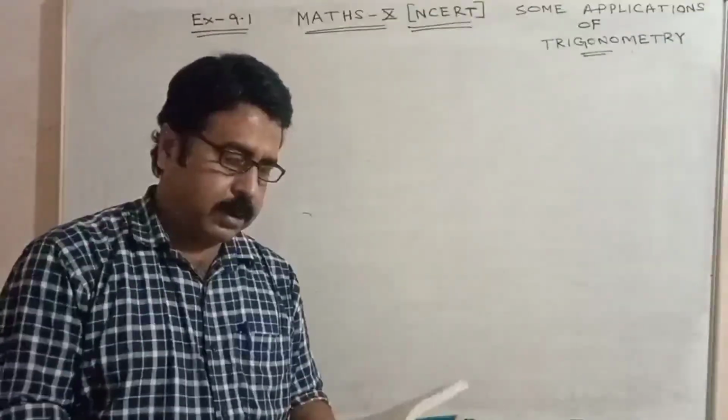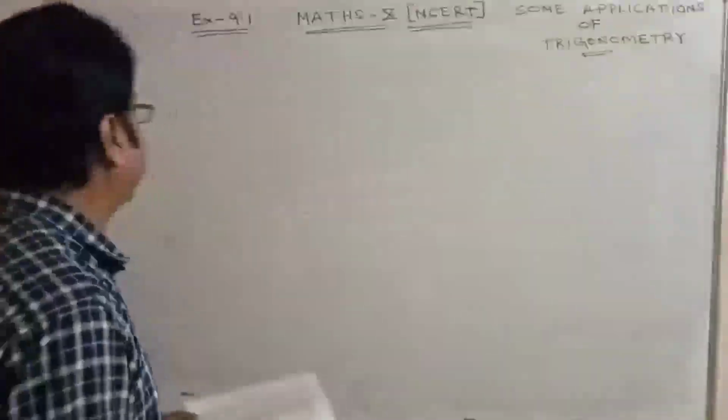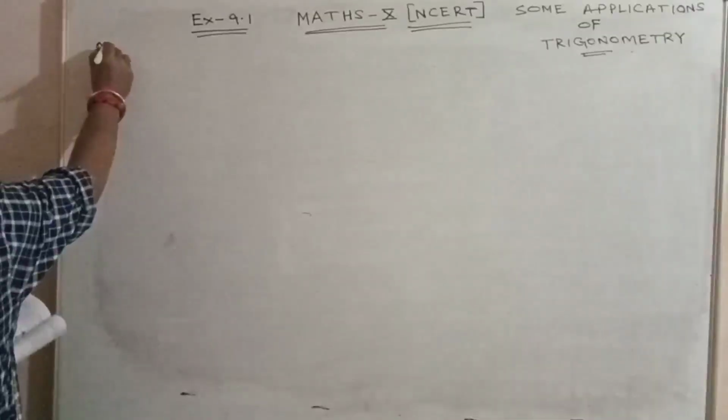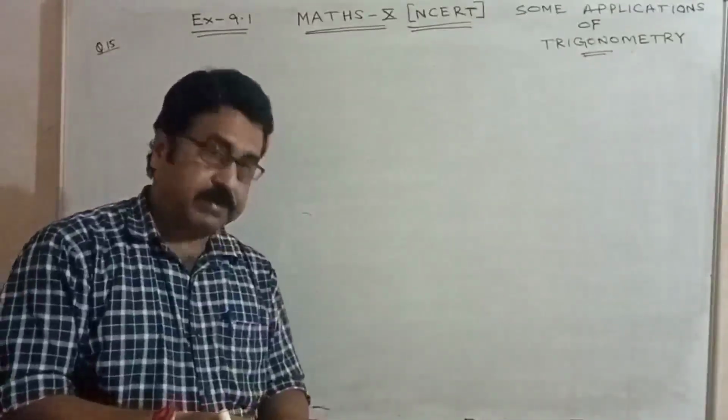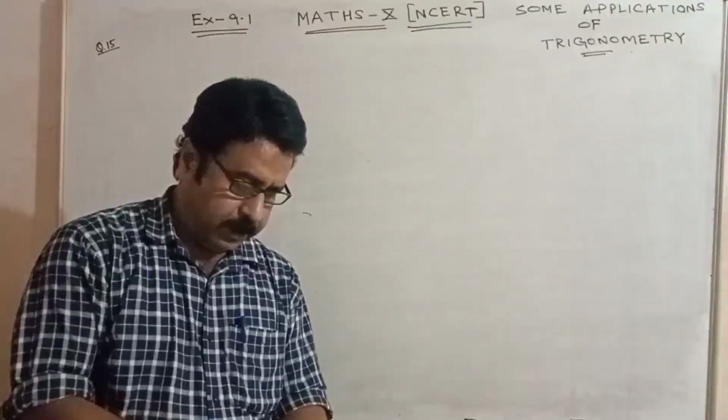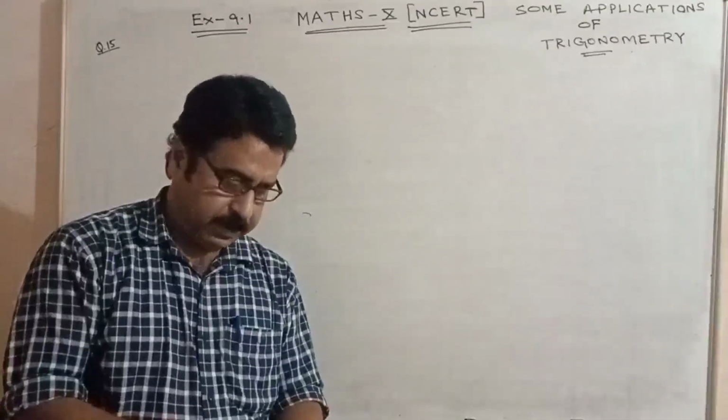Next, it is the last question, question number 15. A straight highway leads to the foot of a tower.